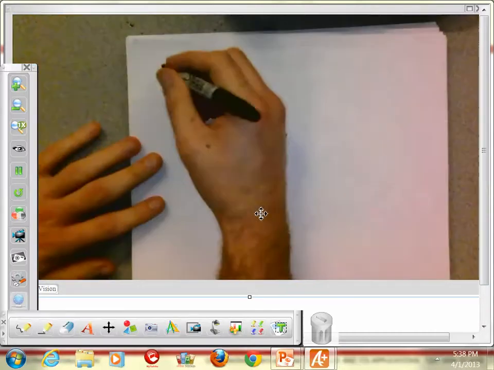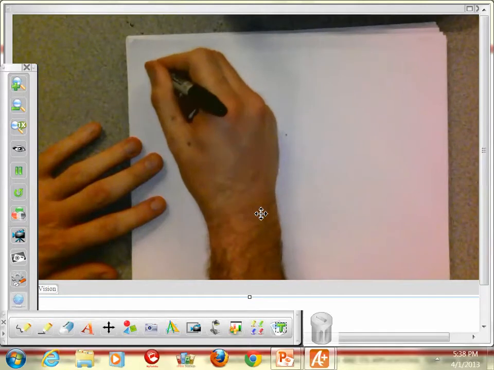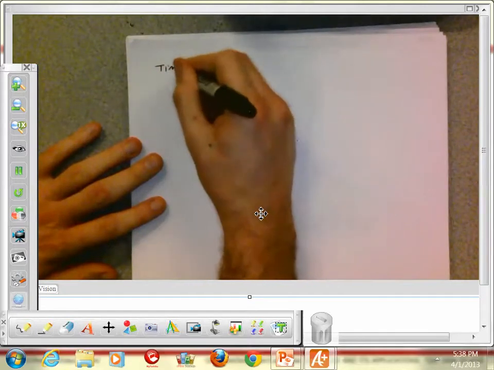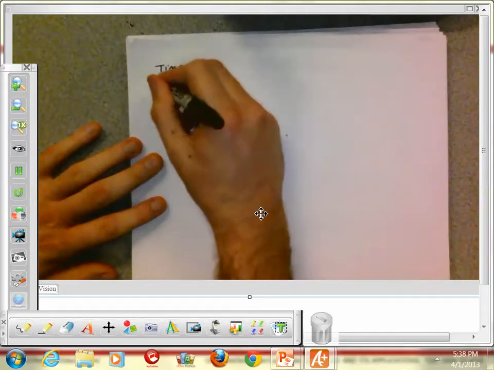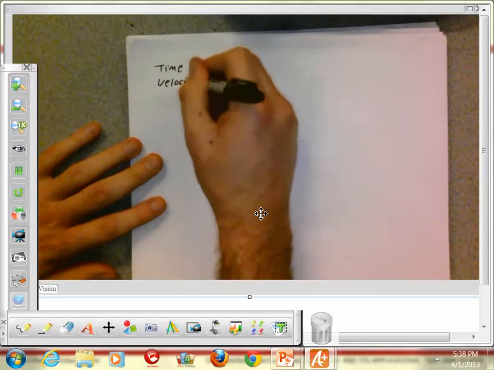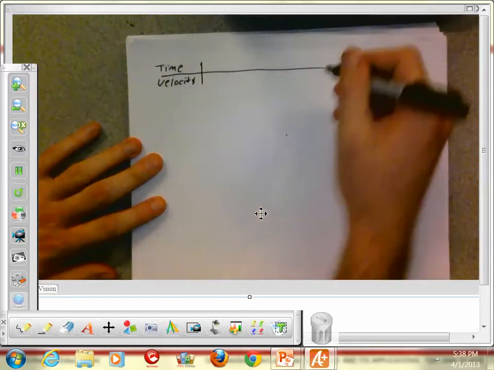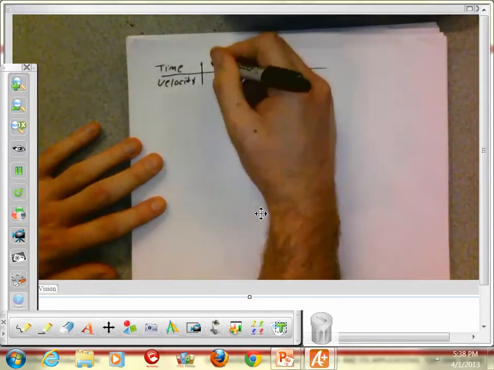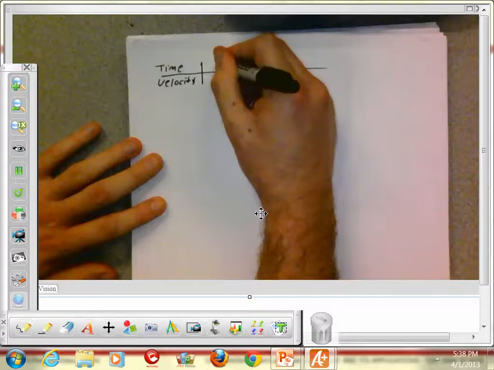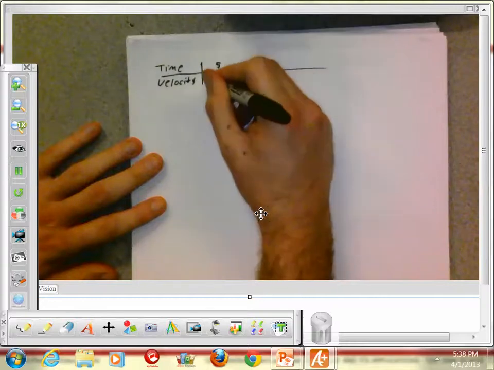Okay. So we had our table here. And the table was given by times and velocities. The first time we had was 5 and 20.